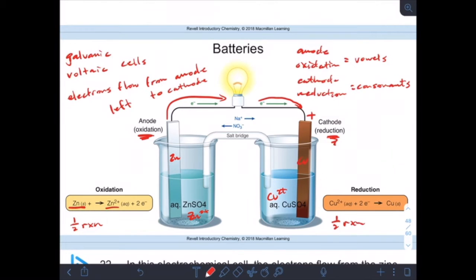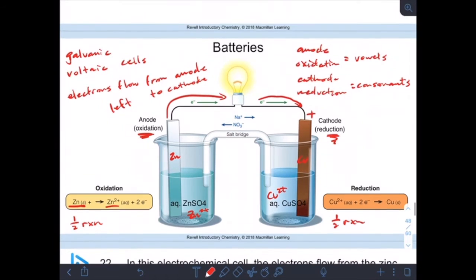Quite literally, this solid zinc on the left-hand side is becoming ions in the solution. So the anode side actually loses mass, because that solid material is breaking down and becoming ions in solution.